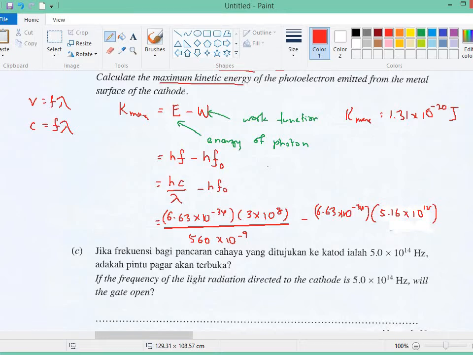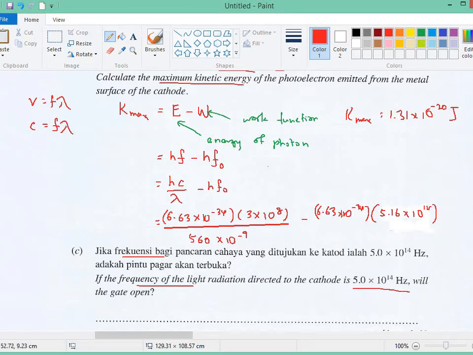Okay, next, see here. If the frequency of the light radiation directed to the cathode is 5 times 10 power 14 hertz, will the gate open? You see here, it says that the frequency of the light is 5 times 10 power 14 hertz.